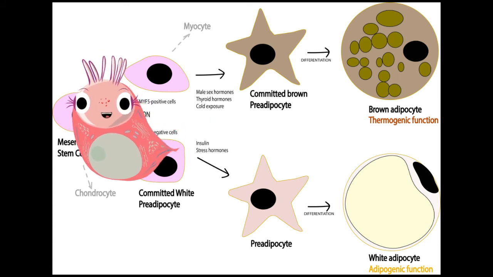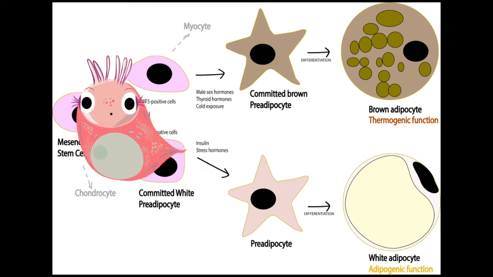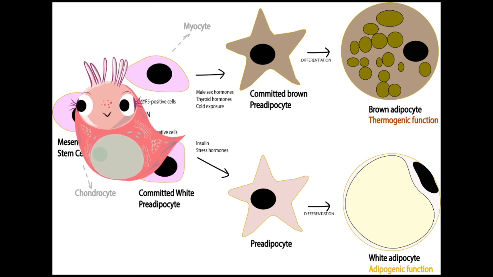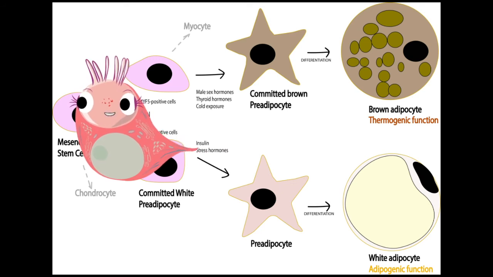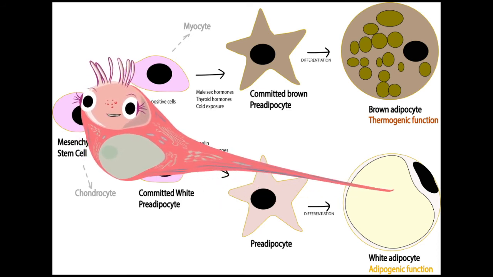In contrast, a cell that is MIF5 negative and that is exposed to stress hormones or to insulin, which has the goal to remove sugar from the blood, then this pre-adipocyte will further differentiate into a white adipocyte.